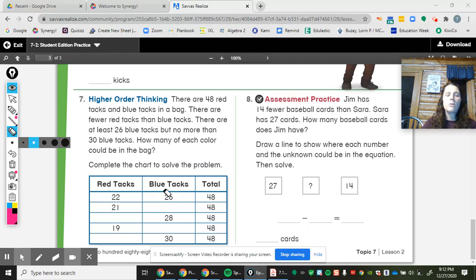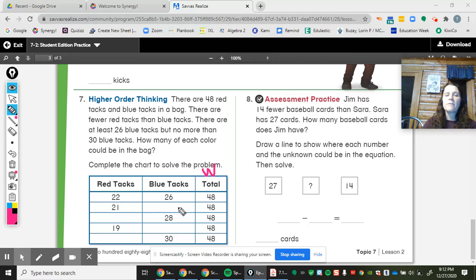So the total is the whole every time. Okay? And now you're going to fill in the chart. Notice the first one has been done for you. 22 plus 26 gives me 48. But now look at the next one. 21 plus I don't know gives me 48.